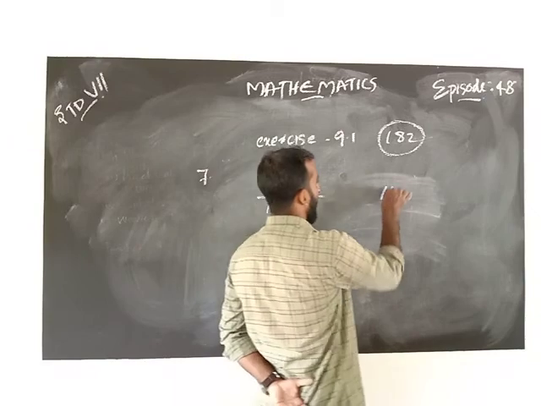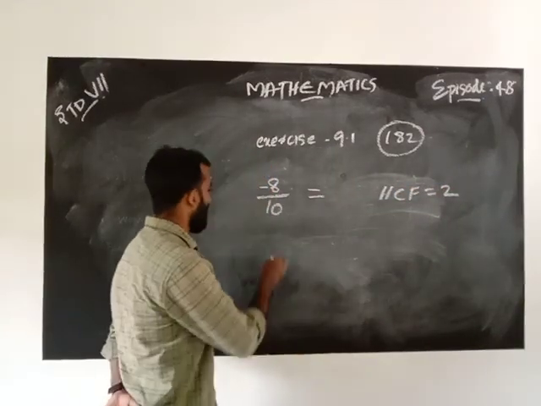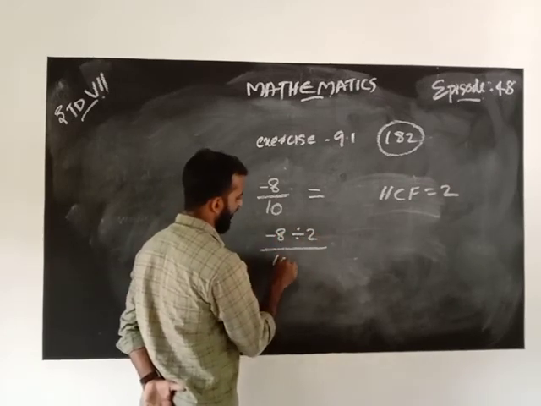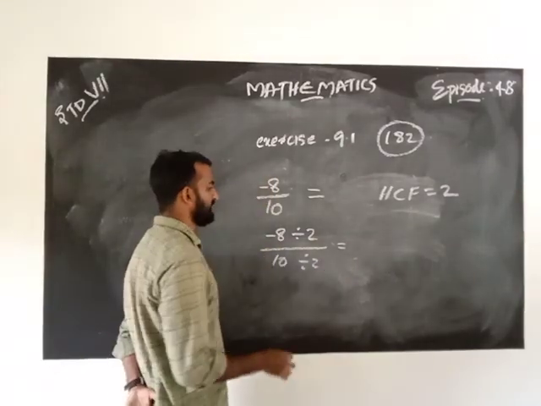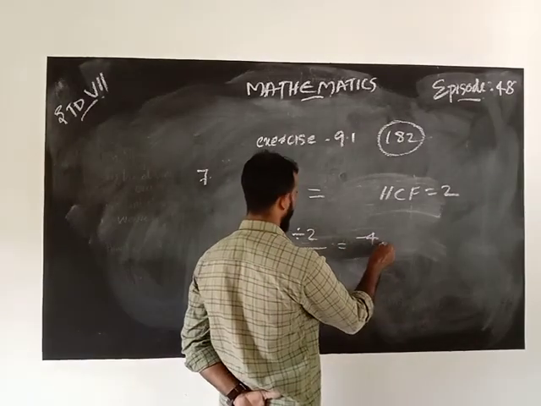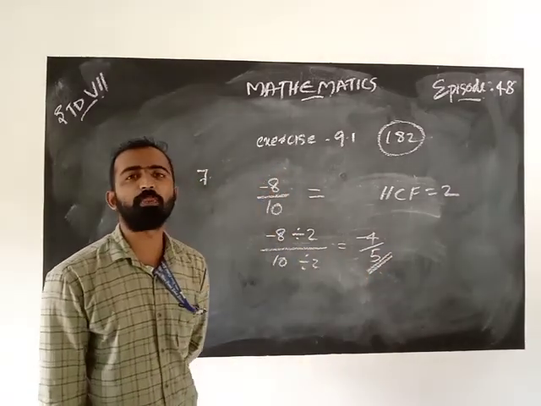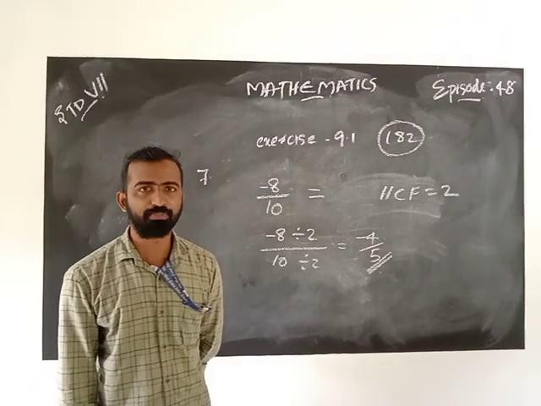Here HCF is 2. So we can write it as negative 8 divided by 2 and 10 divided by 2. We get negative 4 by 5. The answer is negative 4 by 5.